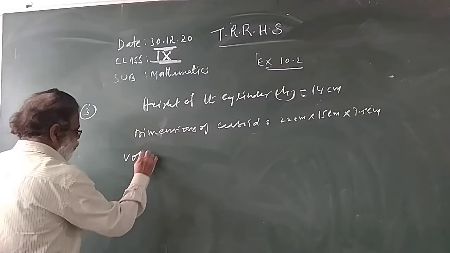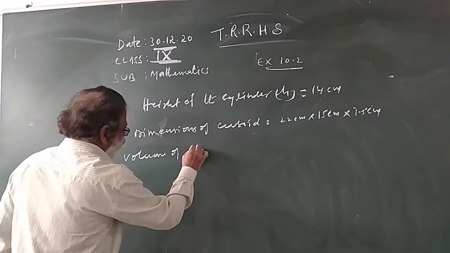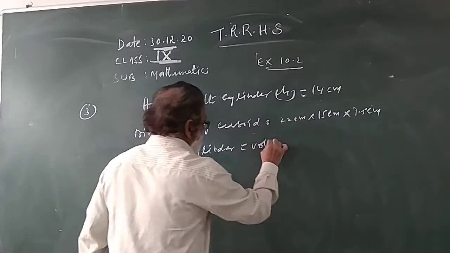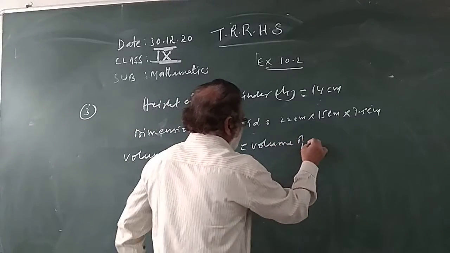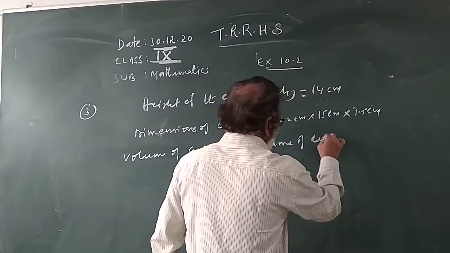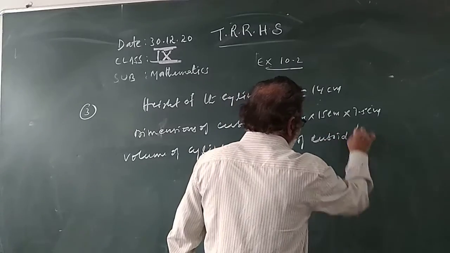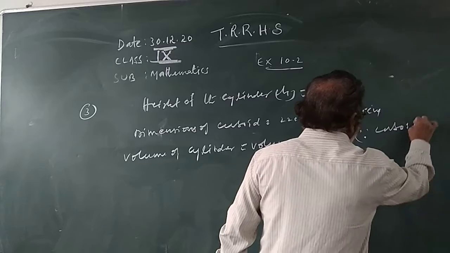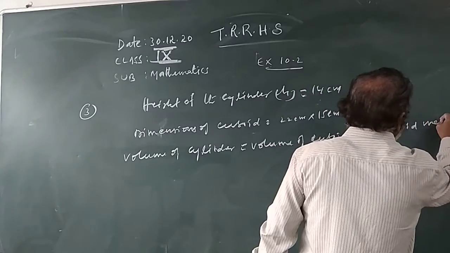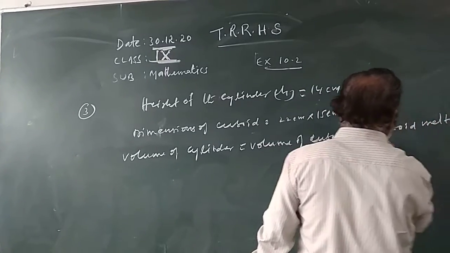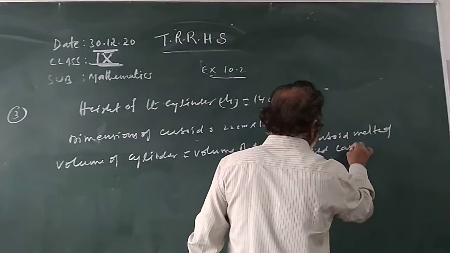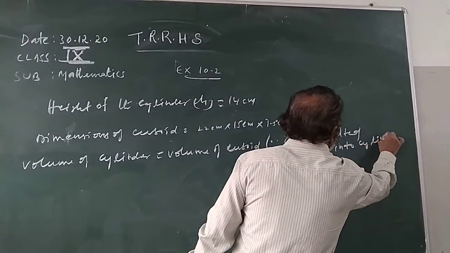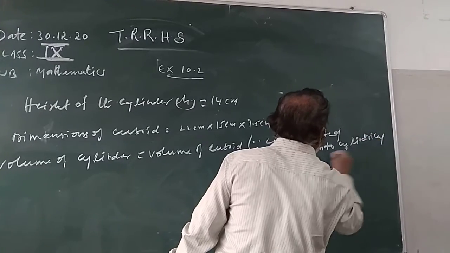So volume of cylinder is equal to volume of cuboid, since the cuboid is melted and cast into cylindrical shape.